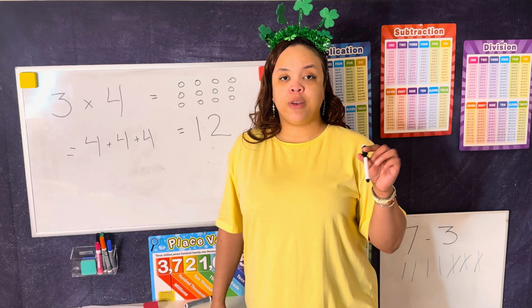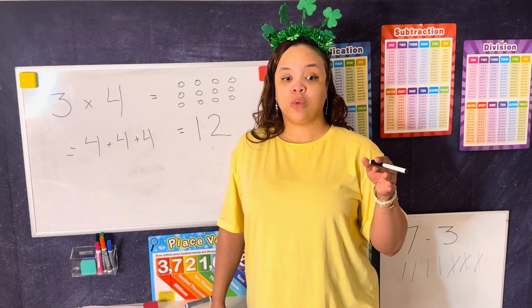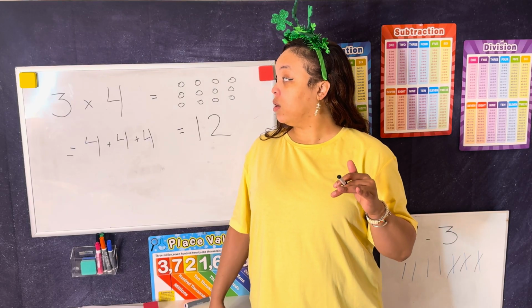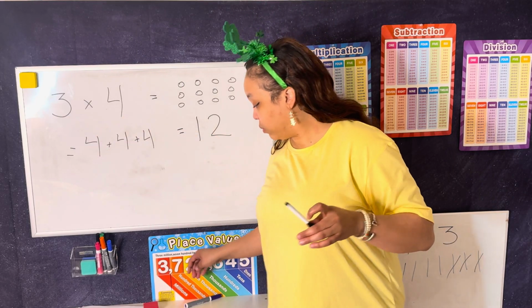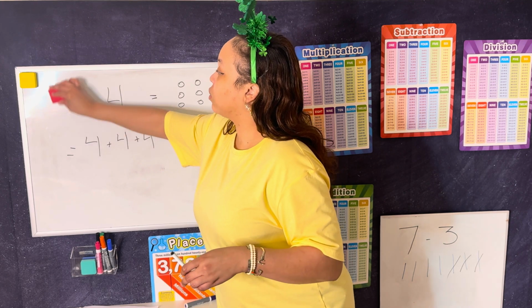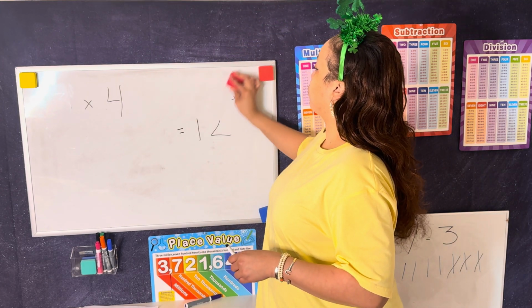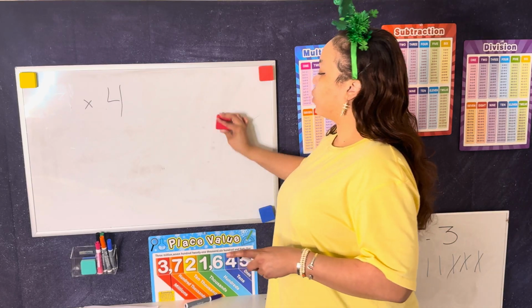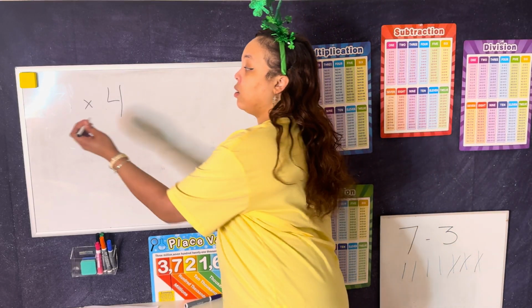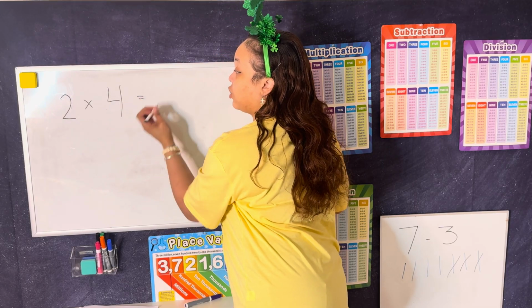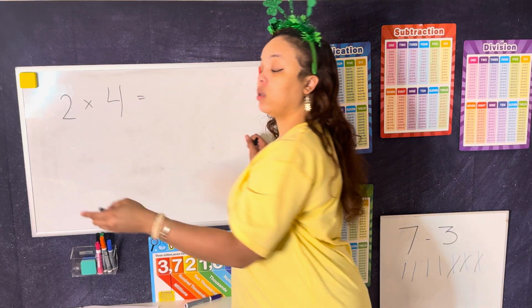When you have the number 2, you're doubling the number, the second number. So if we have 2 times 4, this is just 4 plus 4.